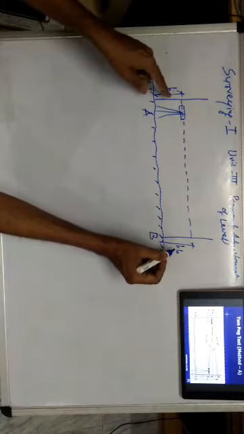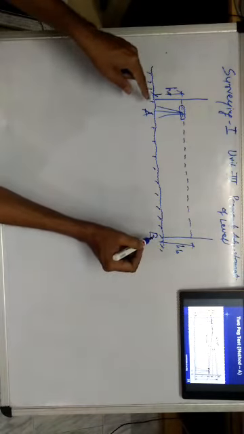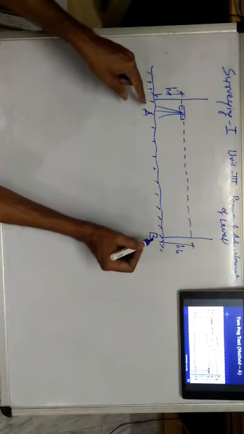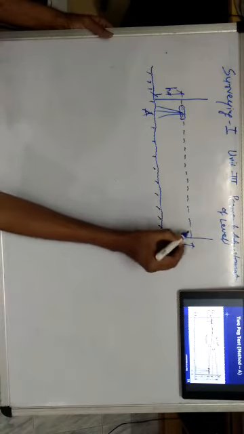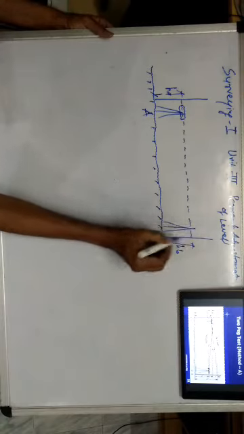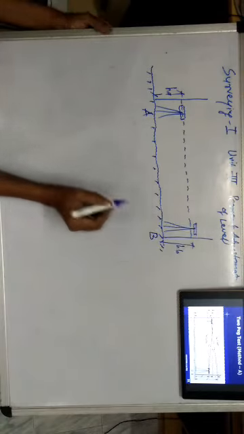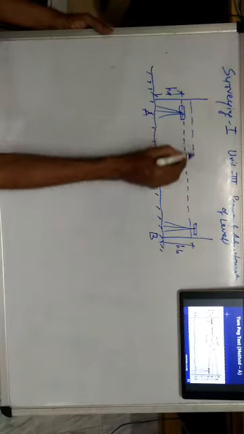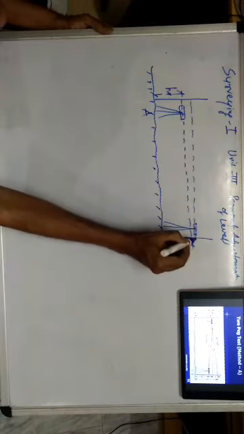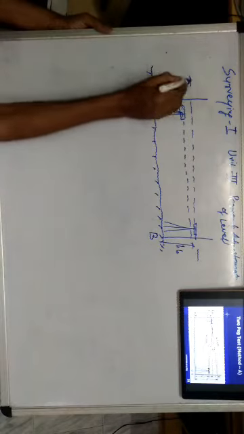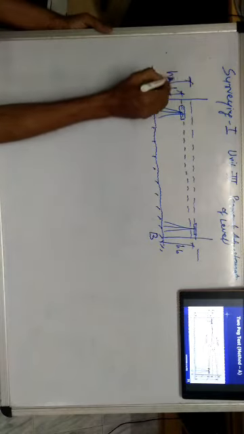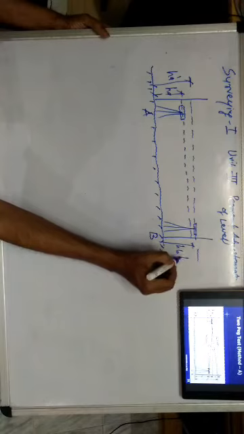This way we can calculate the RL of both points A and B by taking the staff readings. Now we have to check the same RL again by placing the instrument at station B. We place the level at B, and suppose this is our line of sight. Then we take the reading at B and the reading at A also. The reading at station A will be HA dash, and this is HB dash.